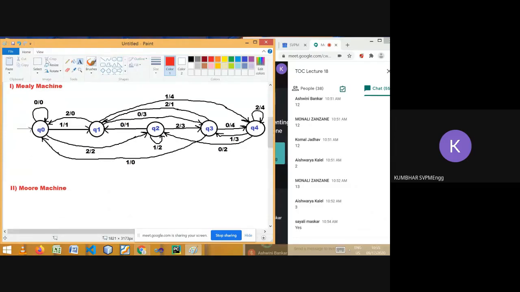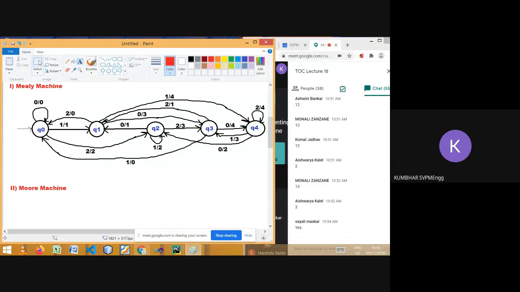Can anyone tell me how many states will be there in the Moore machine? 4 states or 5 states? Please speak because I will understand that.